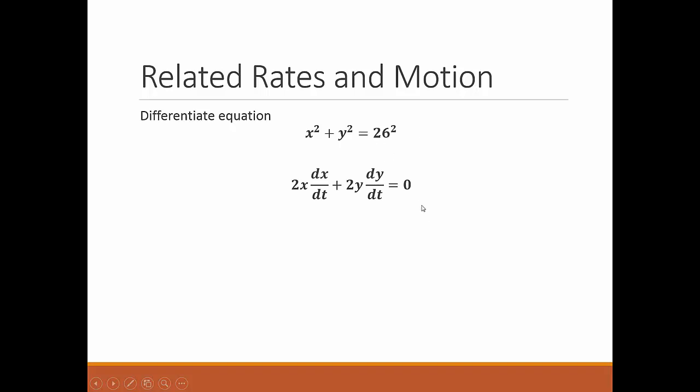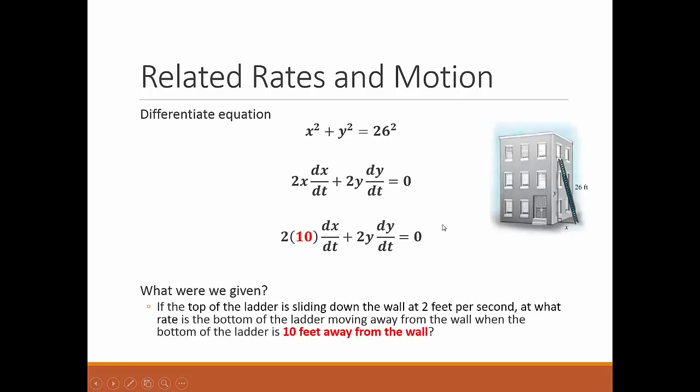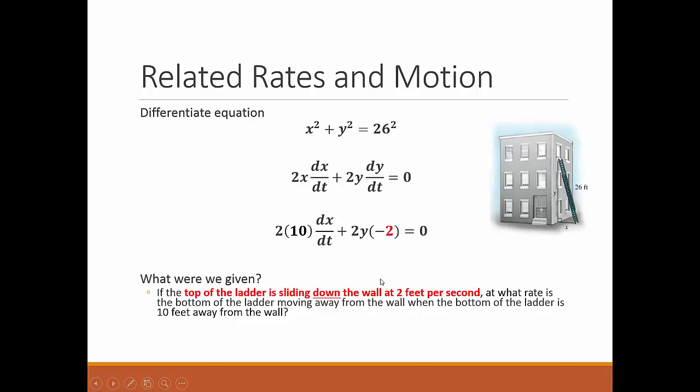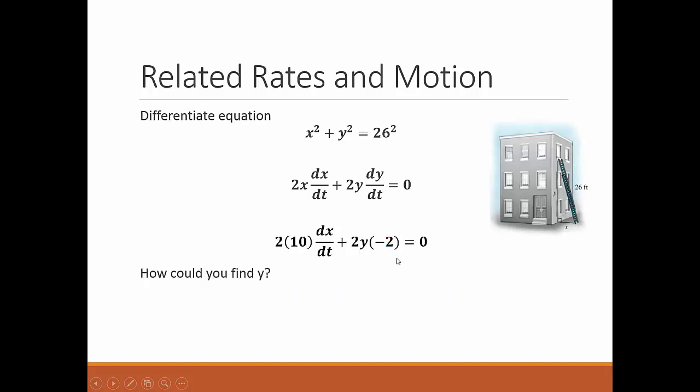Of course, the derivative of the constant is just 0. And then I plug in some information that I was given. I was given that x is the ladder moving away, so I want to know when it's 10 feet away from the wall. I was also given the ladder sliding down, and notice it's negative because it's sliding down.